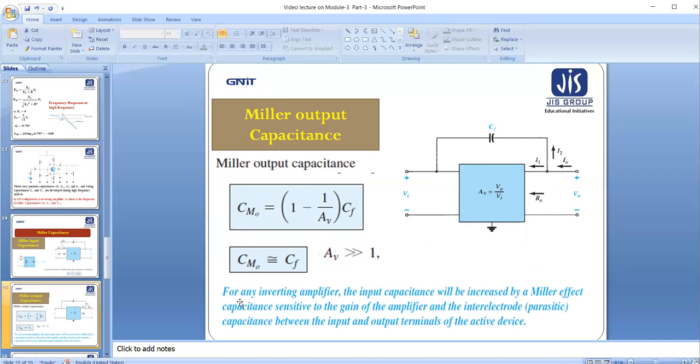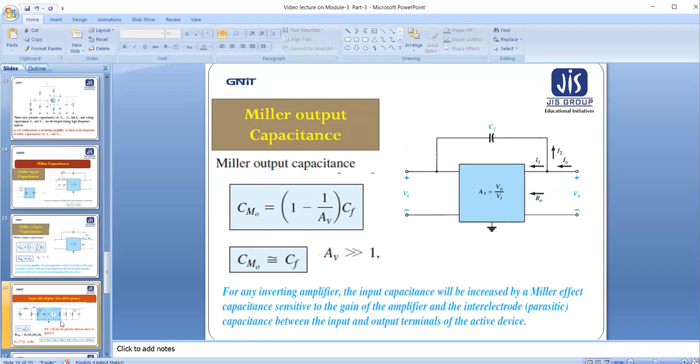The conclusion is that for any inverting amplifier, the input capacitance will be increased by the Miller effect capacitance, sensitive to the gain of the amplifier and the inter-electrode capacitance between the input and output terminals of the active device, whereas the output capacitance will be reduced.